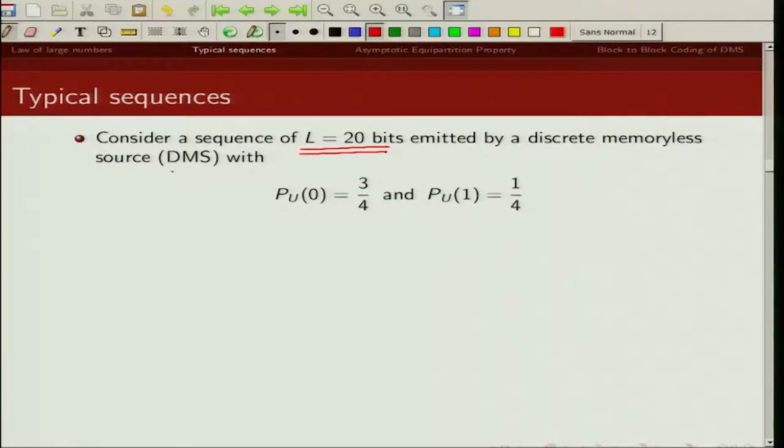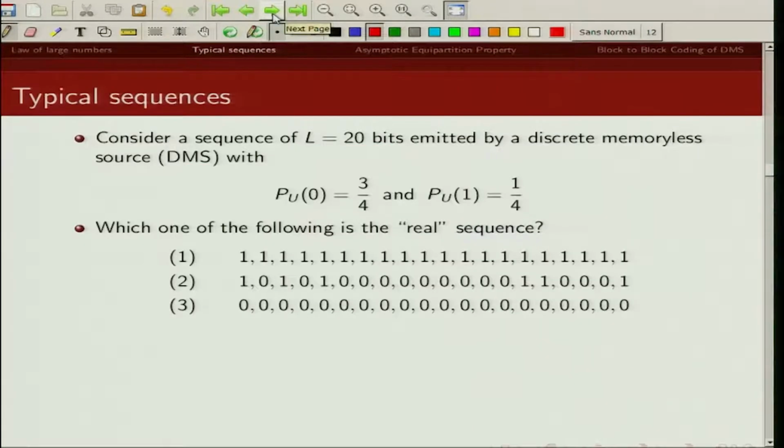So let us consider a discrete memoryless source which is emitting a binary sequence of zeros and ones with probability given by this. So the probability of 0 is 3 by 4 and the probability of 1 is 1 by 4.